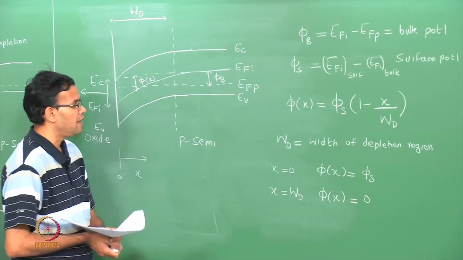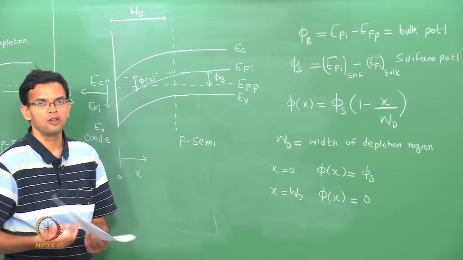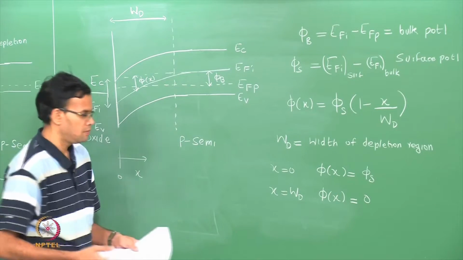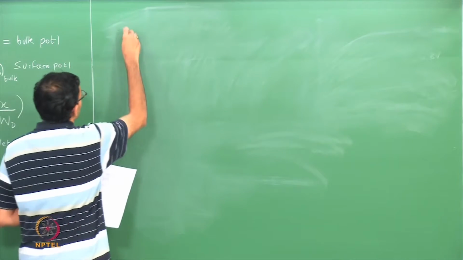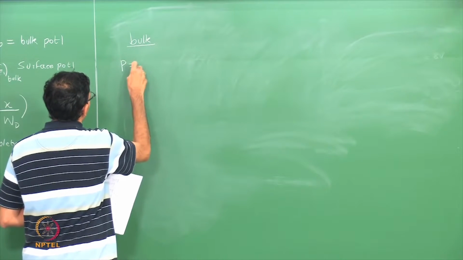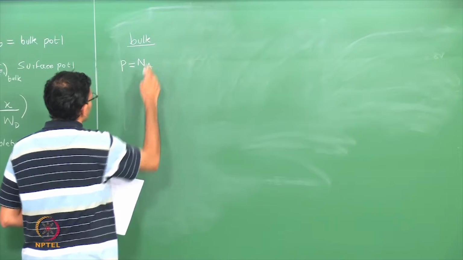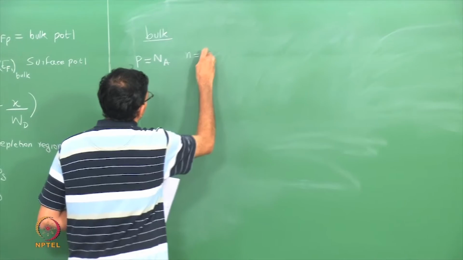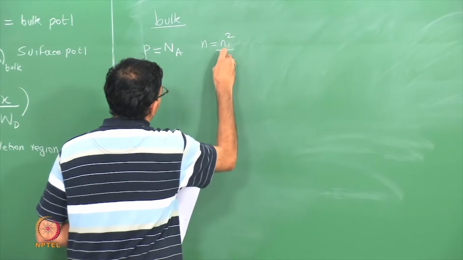So let us now relate these potentials to the concentration of electrons and holes in the semiconductor. So within the bulk of the semiconductor, P is equal to Na, which is your acceptor concentration. N will just be Ni square over Na.